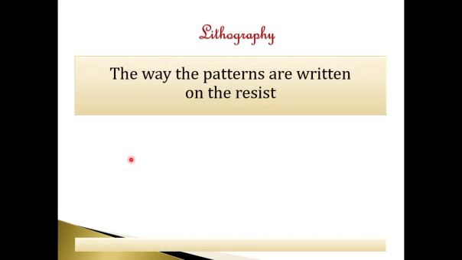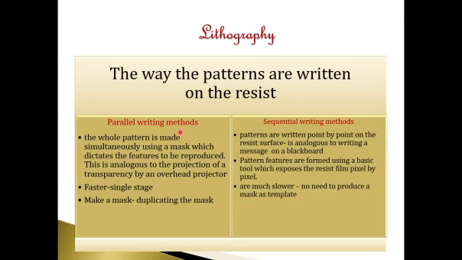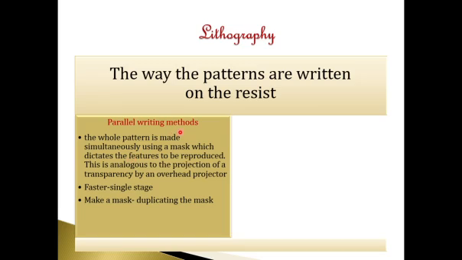Now based on the way the patterns are written on the resist, you have parallel writing method and the sequential writing method. So in parallel writing method, the whole pattern is made simultaneously using a mask which dictates the features to be reproduced. This is analogous to the case where we are making a projection of a transparency.